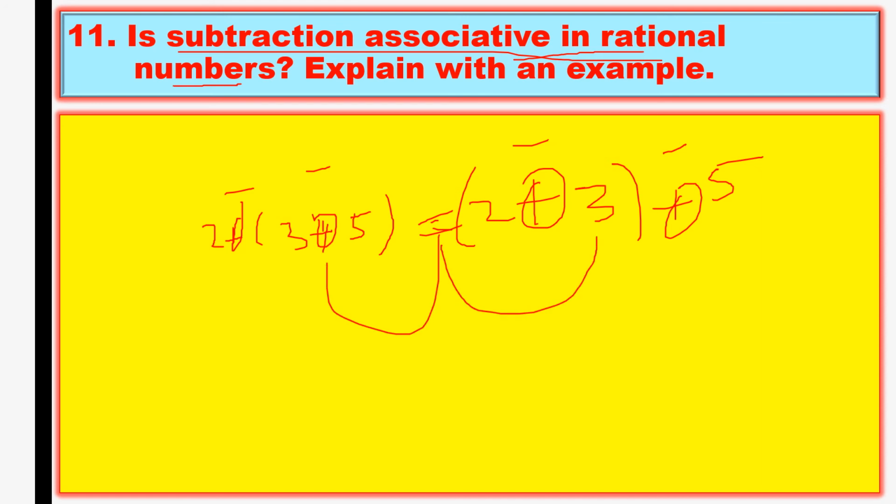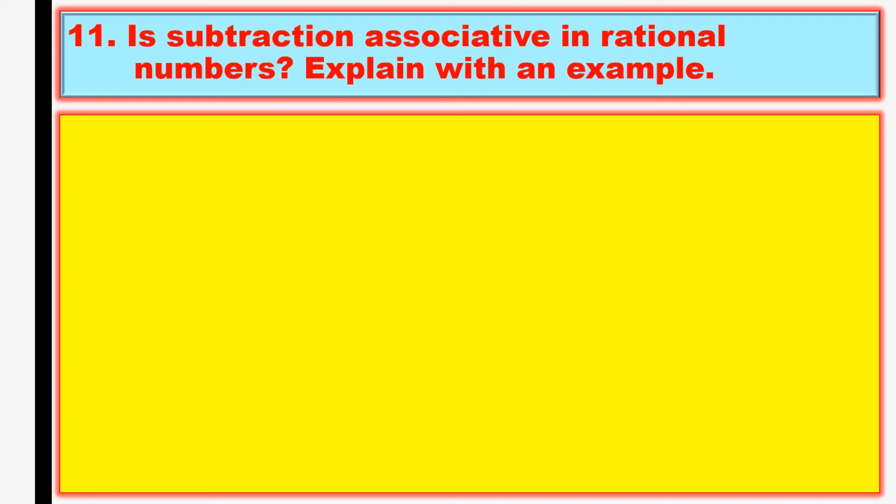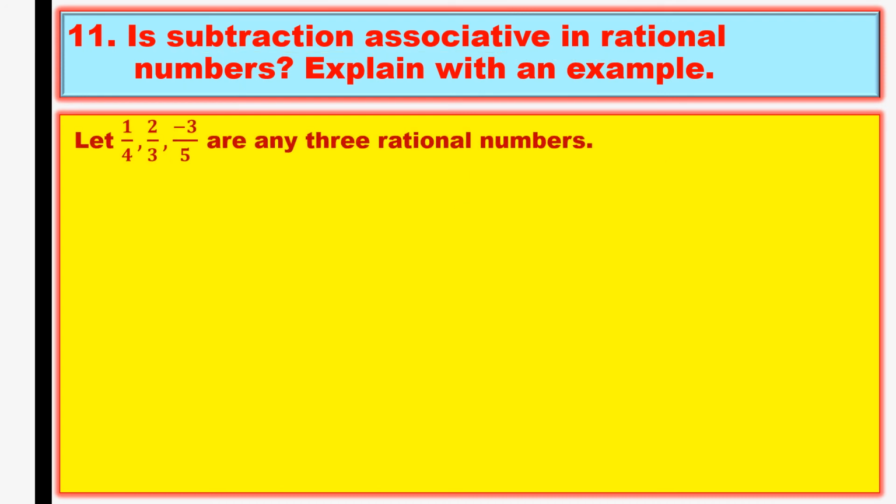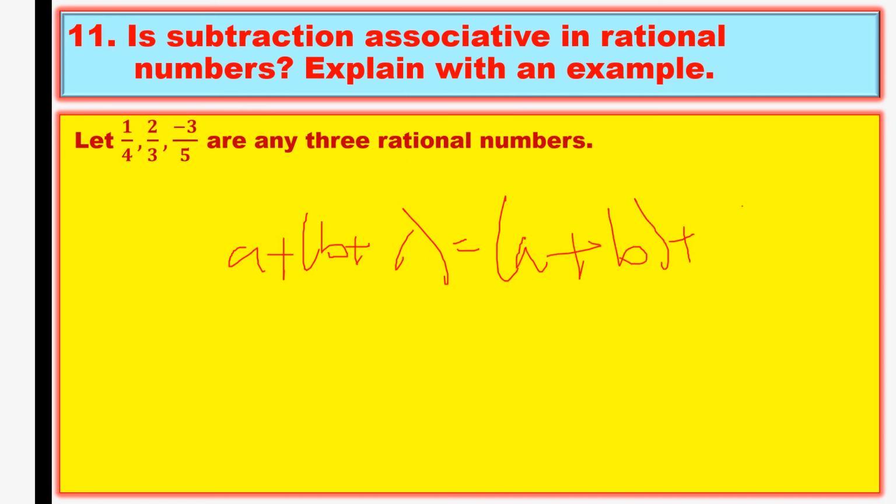Okay, let me take an example and solve it. So let me take three rational numbers, any three rational numbers. I am taking three rational numbers because your associative property will be like this, right? A plus B plus C equal to A plus B plus C, right? So for subtraction, instead of plus you should put minus.